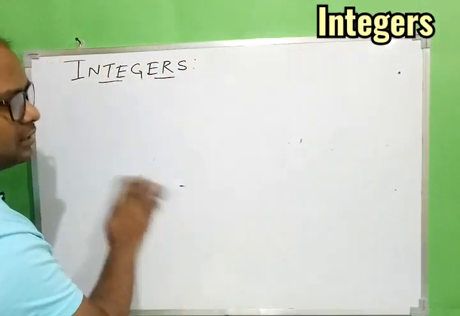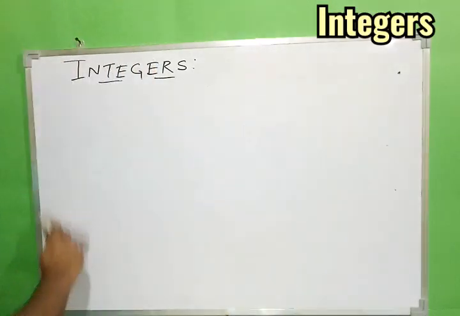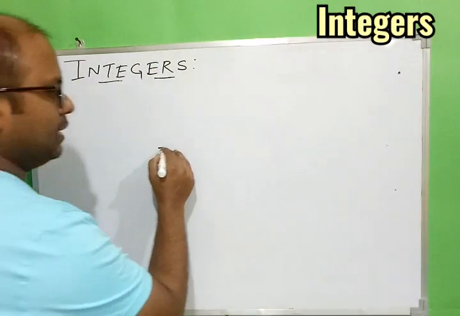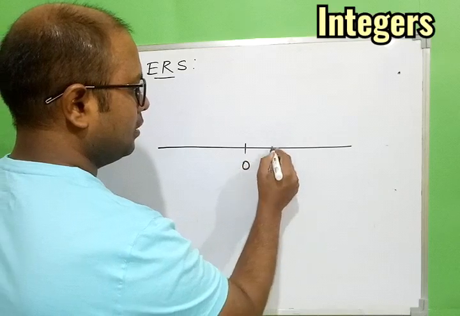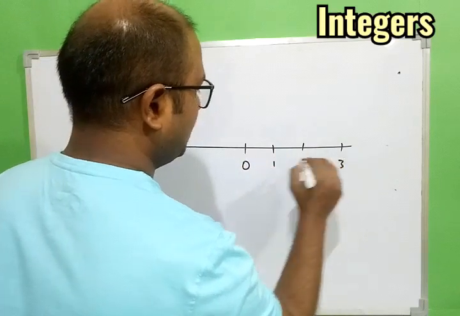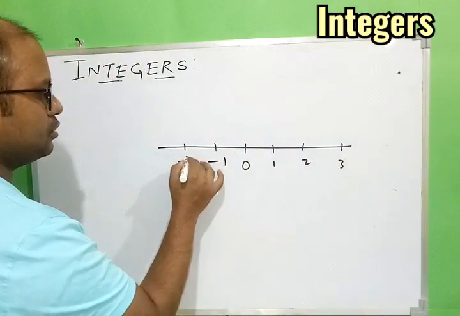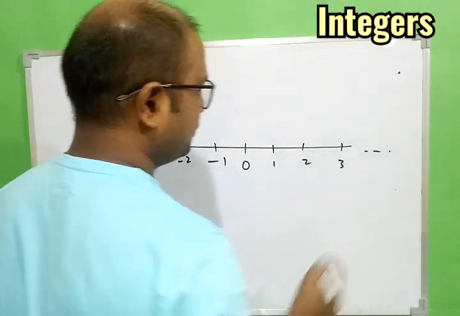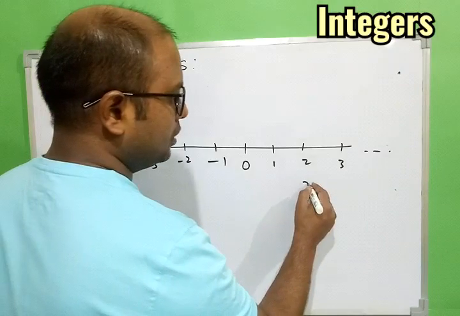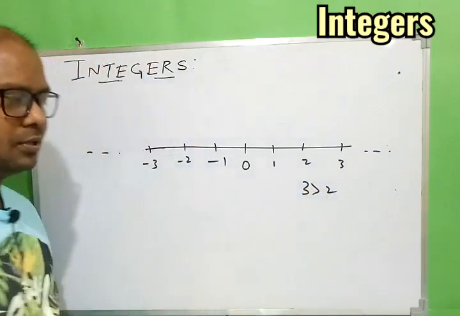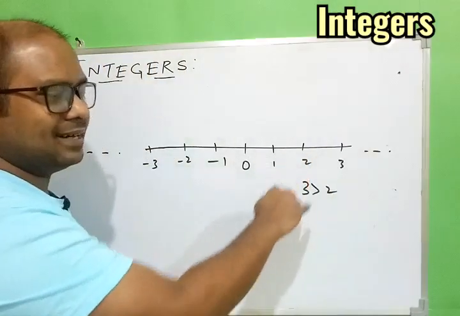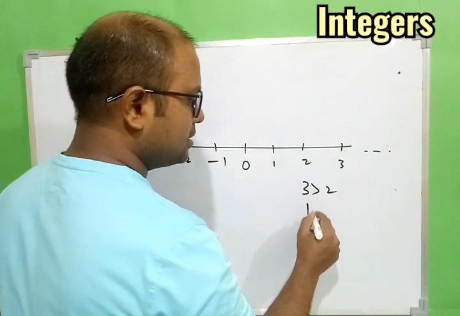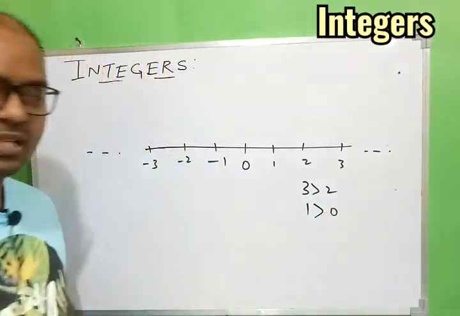And now the next thing is, if we have the number line 1, 2, 3, -1, -2, -3 and so on this side and so on this side. Here one thing we know: 3 is greater than 2, no doubt. 3 is greater than 2. 1 is greater than 0. Yes or no?